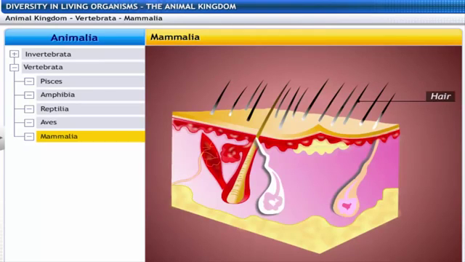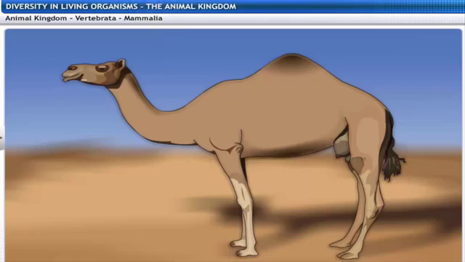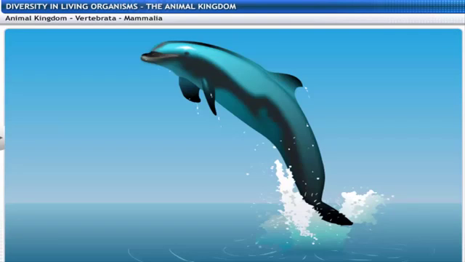Their skins are covered with hair, sweat glands, and oil glands that regulate body temperature, therefore allowing them to live in diverse habitats. For example, polar bears live in very cold areas. Camels live in hot areas. And dolphins live in the ocean.